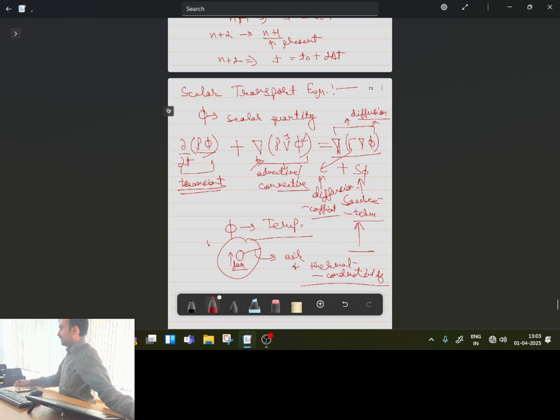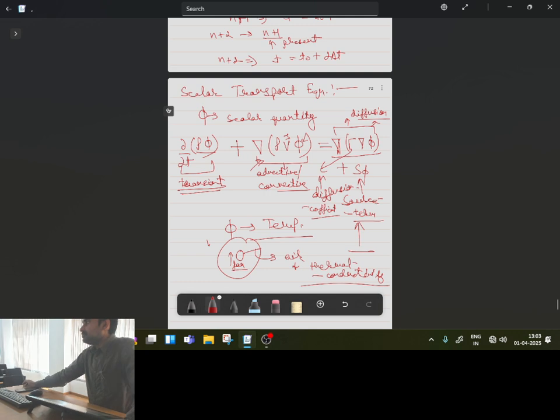Is this one clear? If you derive this equation from first principles, then we will be able to understand that, but let us not consider that at the moment. You can simply refer to your energy equation and compare it with this equation.